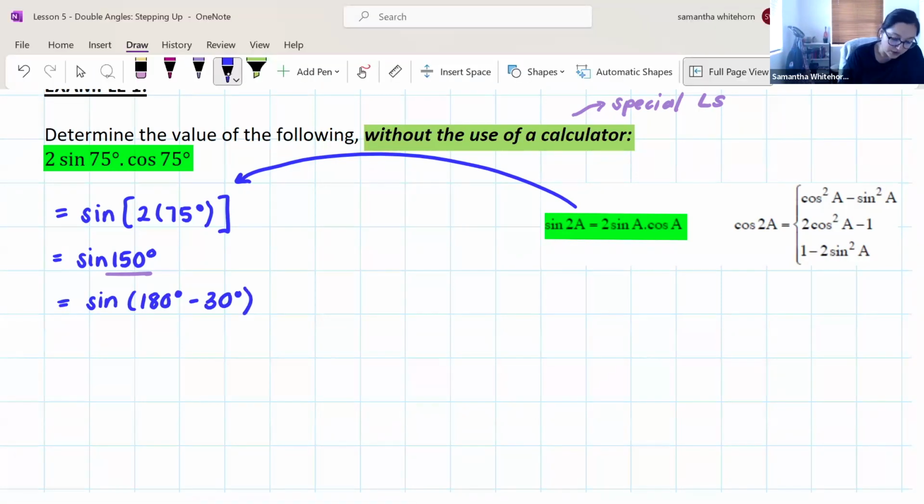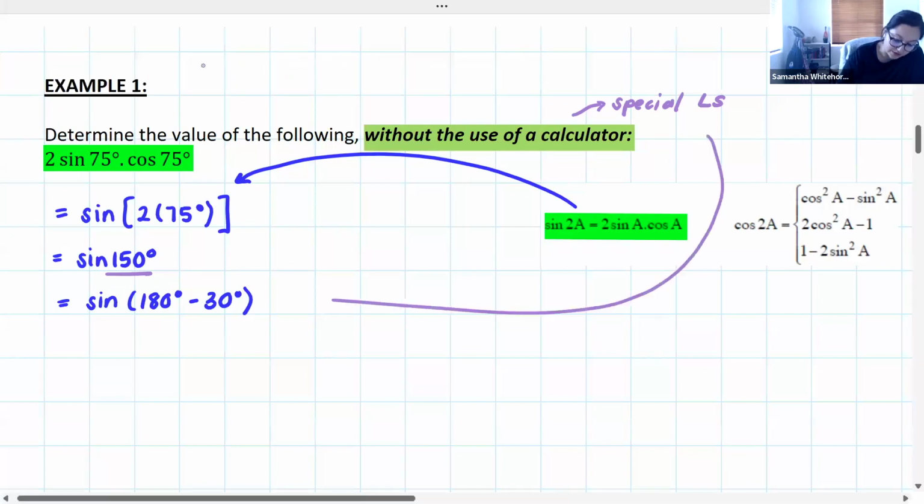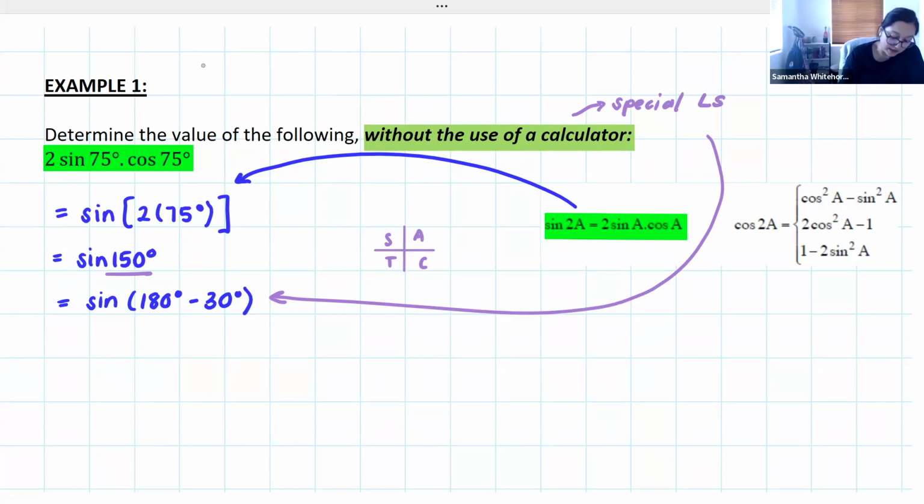Because this is a reduction formula, we can apply the appropriate reduction according to what I've got here. This goes back to your CAST diagram. Remember, 180 minus is in quadrant 2, and that's where sine is positive. So this reduces to just sine of 30 degrees.